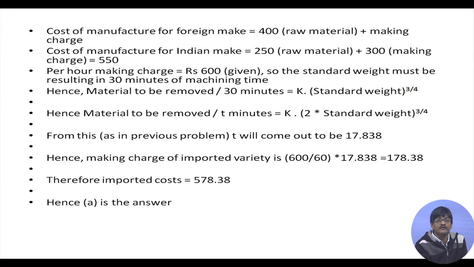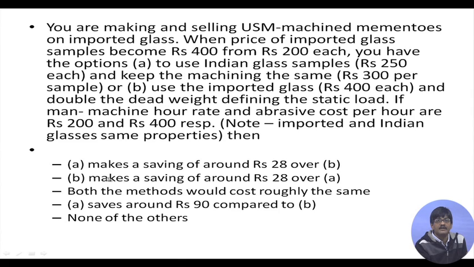Okay. Therefore, A is the answer. Let us see. A makes a saving of rupees 28 over B. So, A is the answer. Thank you very much.